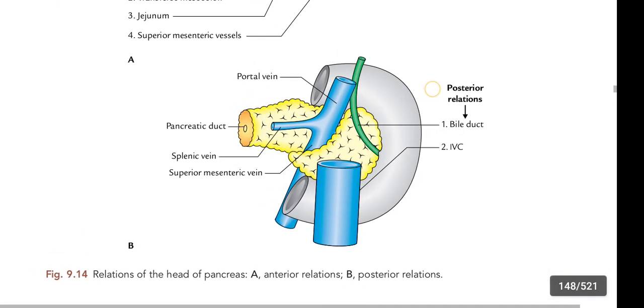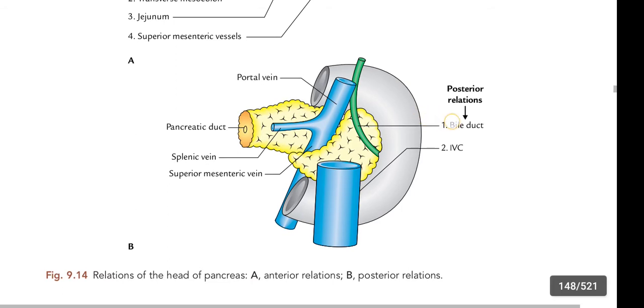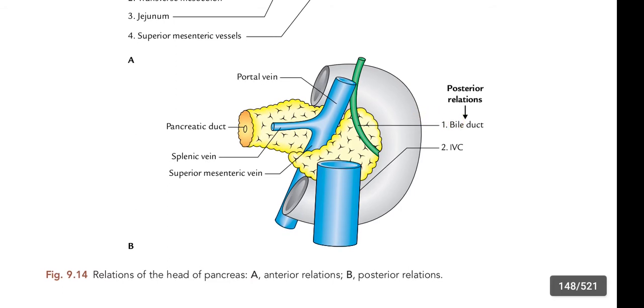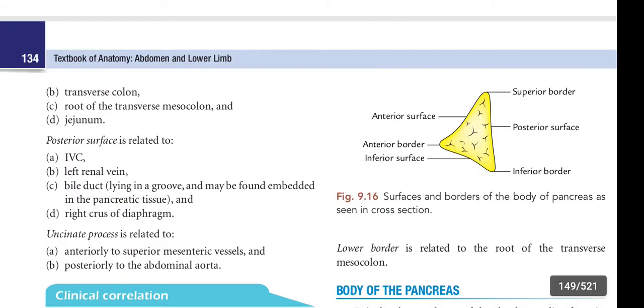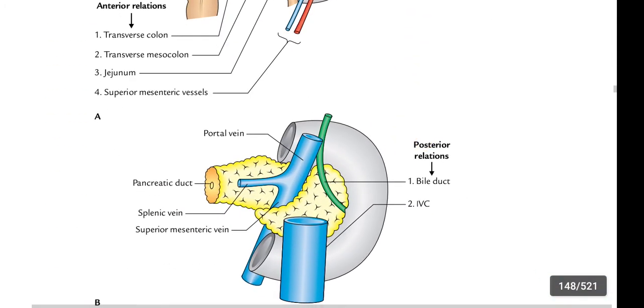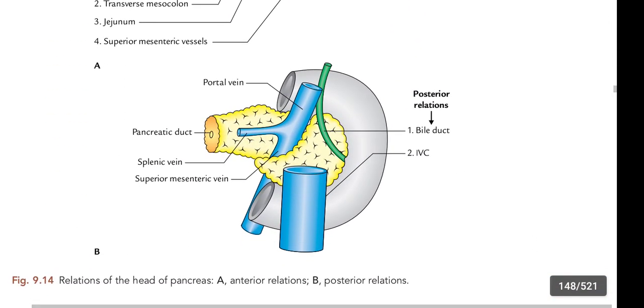The posterior relations are the bile duct, inferior vena cava, and the other ones, right crus of diaphragm and left renal vein, which are not found in this diagram, guys.